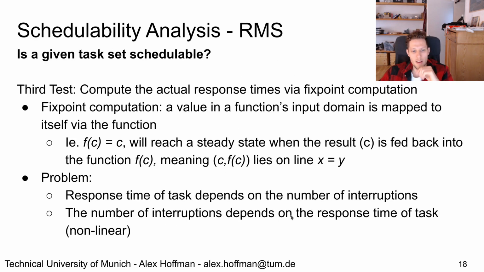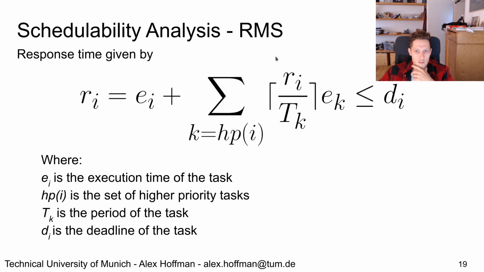This is like a loop. So what we're going to do is solve this in a fixed point way, meaning that we solve this iteratively until the result that we get out is the same as the one we fed in. If we feed this result into the next iteration, we'll eventually end up with a steady state result, and this will be what we take as our response time.